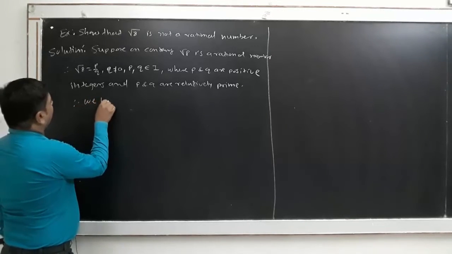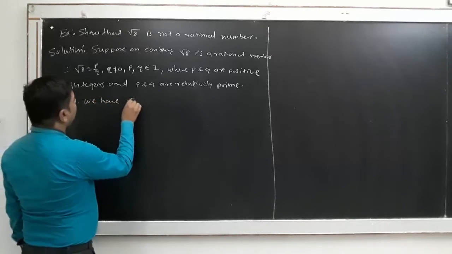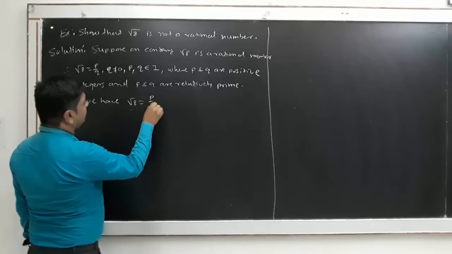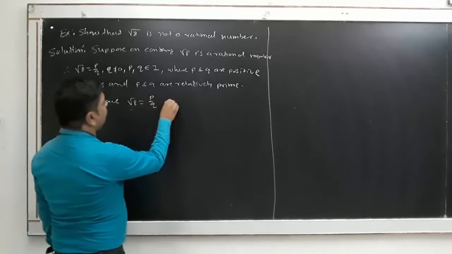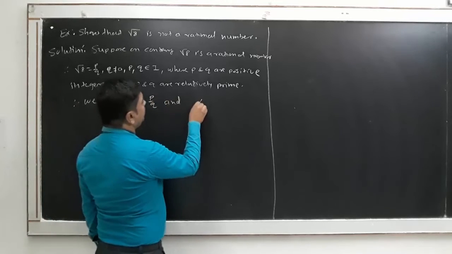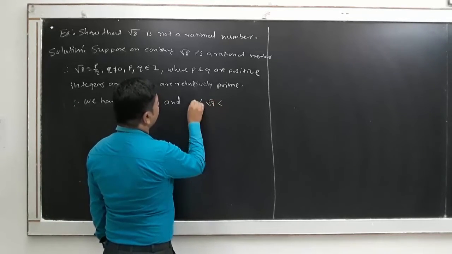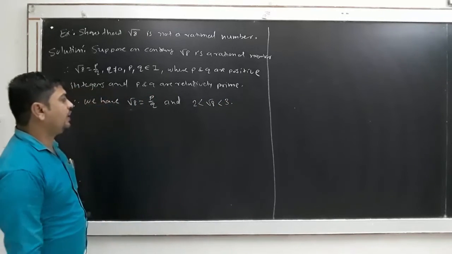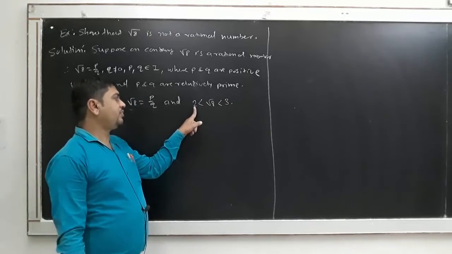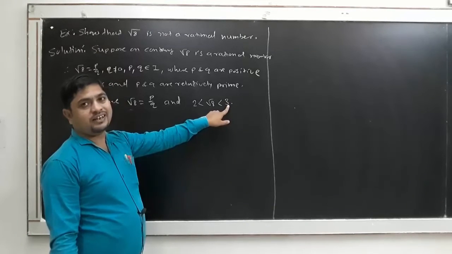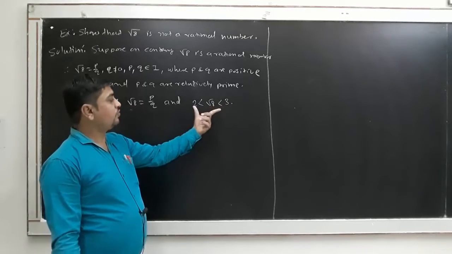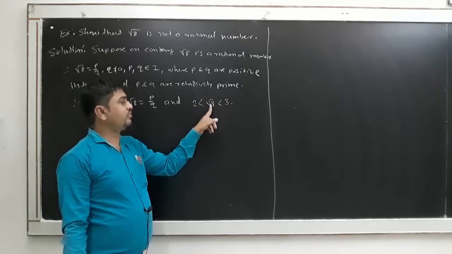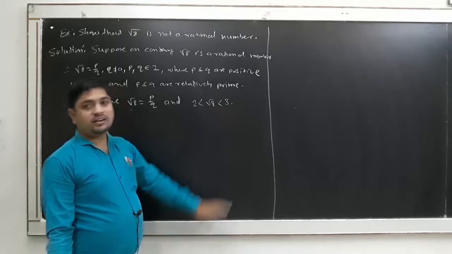Therefore we have root 8 equal to P by Q, and we observe that root 8 is between 2 and 3, because the square of 2 is 4 and the square of 3 is 9. Squaring, we get 4 is less than 8 is less than 9.